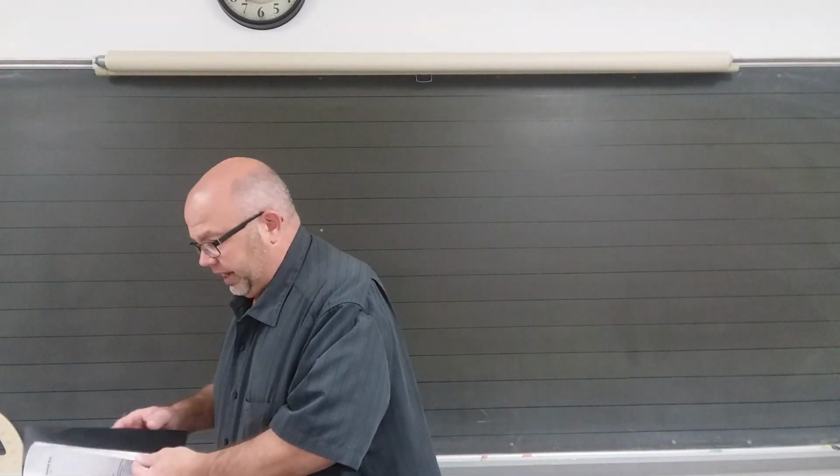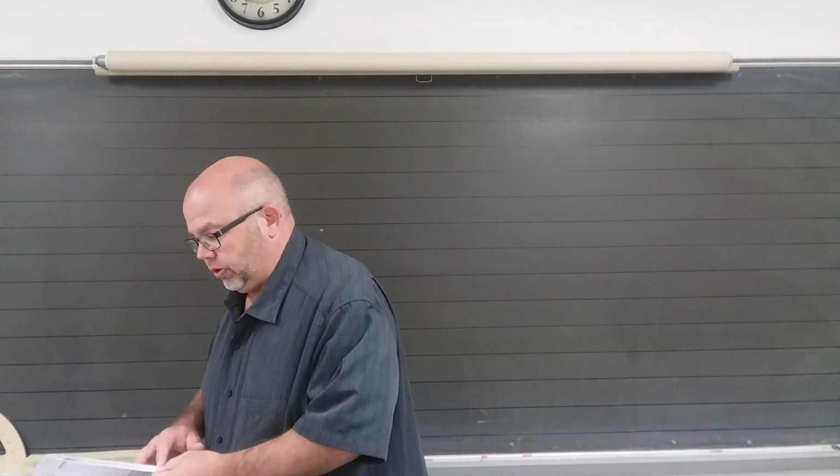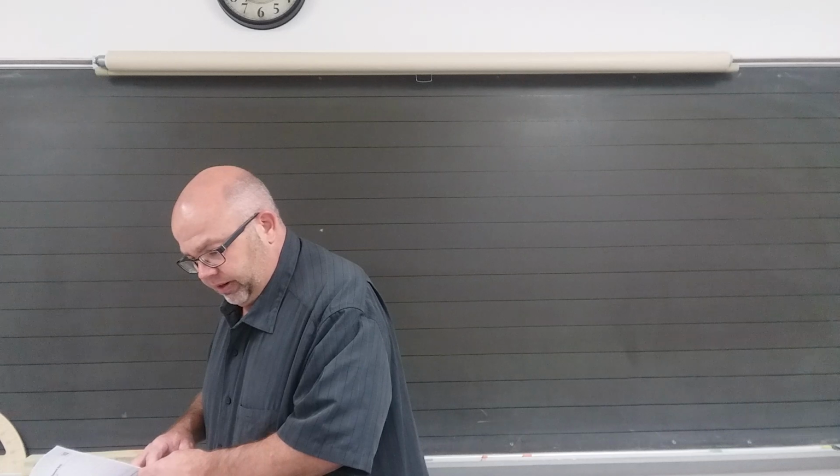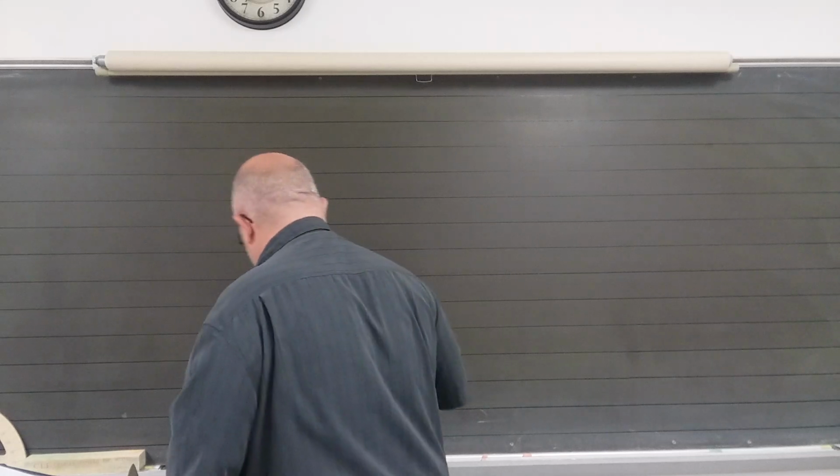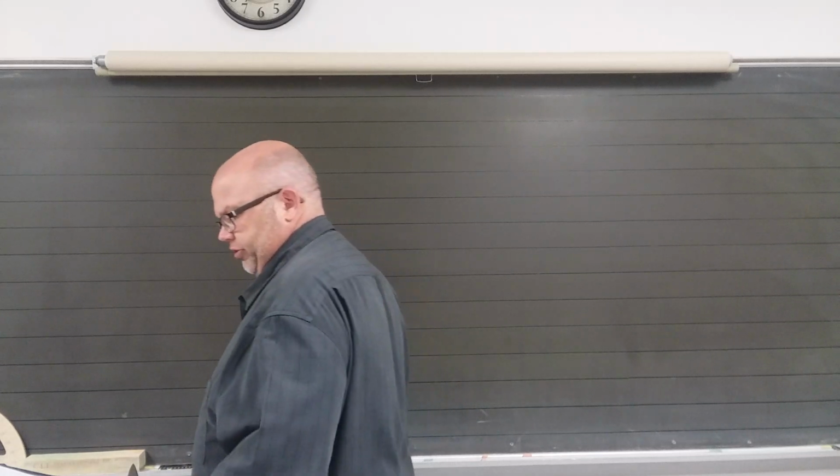Number 15, there were some questions on the chart on page 352. So let's just look at 352 a little bit. Make sure we understand what's going on. So on page 352, you have a chart.